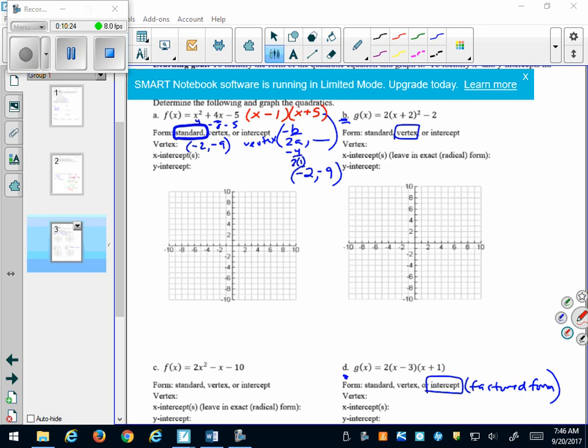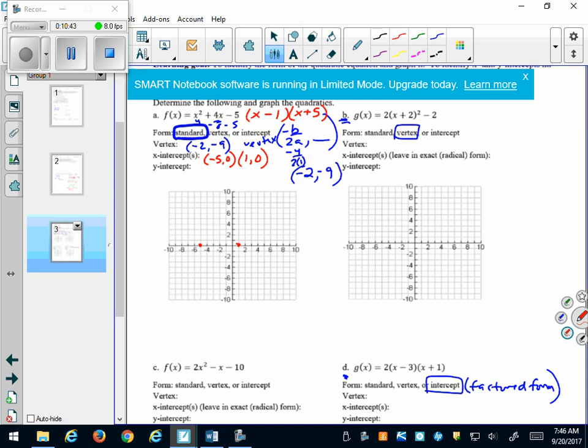So negative 5 and 1 would be our intercepts. So you're going to write that as negative 5, 0, and 1, 0. We get that from the factored form.